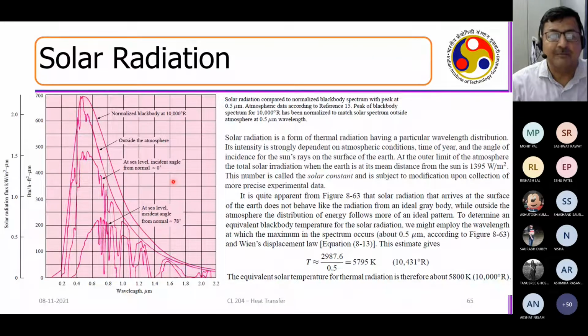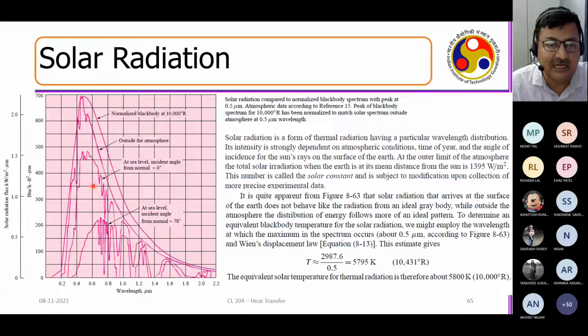However, if you come to the sea level, you may see that there is a significant reduction, and then significant discontinuities in the solar irradiation. At the sea level at 0 degree, you will find like this, but at the sea level, incident angle at 78 degree, you may find something like this.